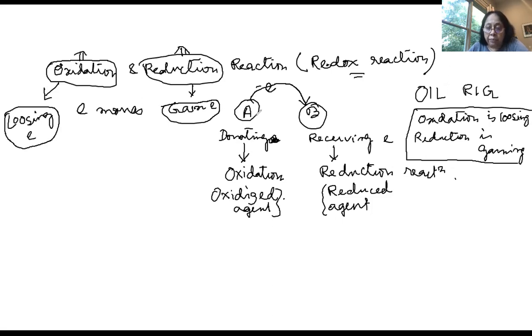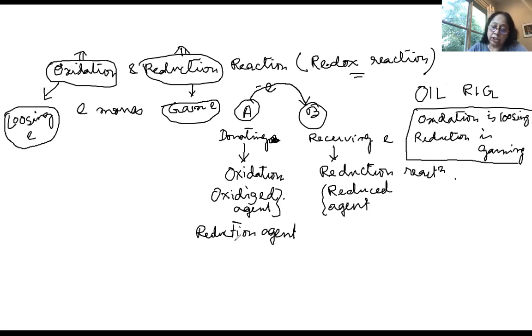So atom A is actually helping atom B to be reduced, right? So we can say that atom A is actually a reduction agent, because A is actually helping B to be reduced.